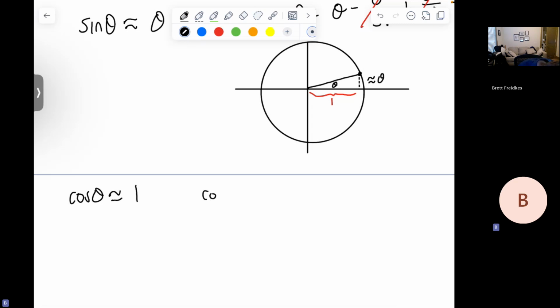And again, if we look at the Taylor series of cosine of theta, this is 1 minus theta squared over 2 factorial plus theta to the 4th over 4 factorial, etc. And if theta is small, we'll neglect those terms, which tells us that cosine of theta is 1.